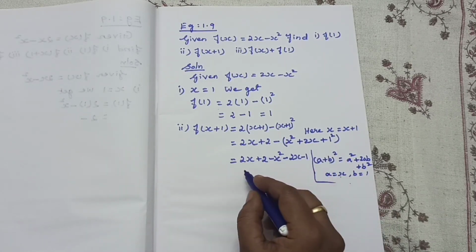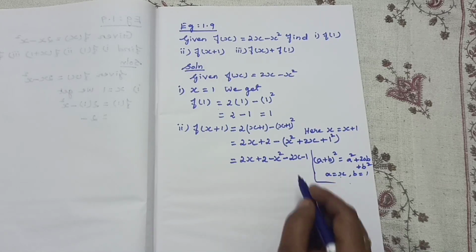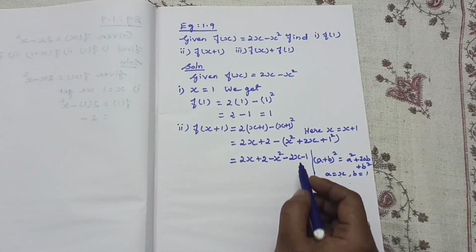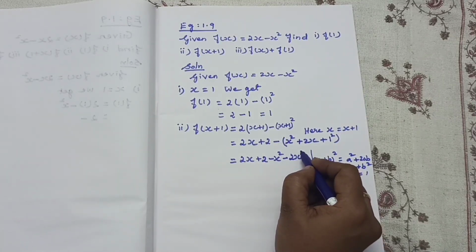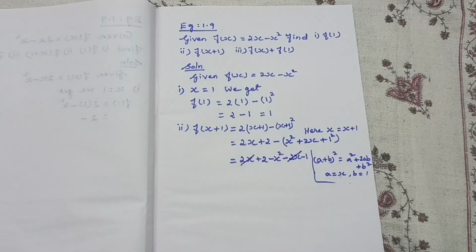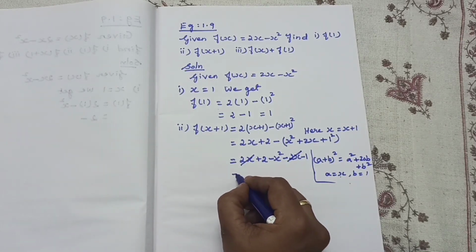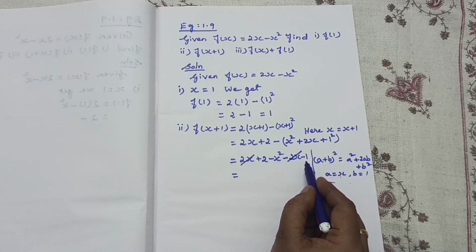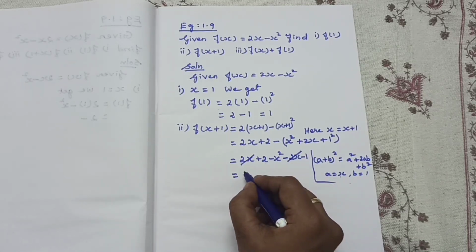Then shall we add this on like terms? You have to add or subtract. What are the like terms here? Here 2x is there. Here minus 2x is. So, you have to cancel this. 2x minus 2x is 0. Isn't it? Then, remember what is given? 2 minus 1. 2 minus 1 is 1.